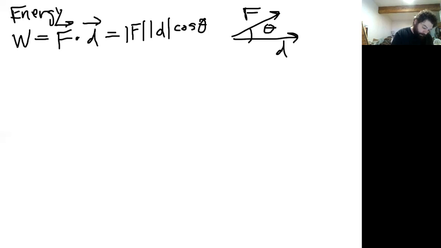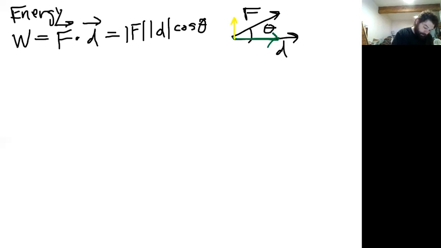What this means essentially is the work that we're going to do is, so you can see this, the adjacent angle to the theta is going to be along here. So the only amount of work that we're going to do is along the displacement, even though the force is not aligned with it. We do have another component here that won't count.